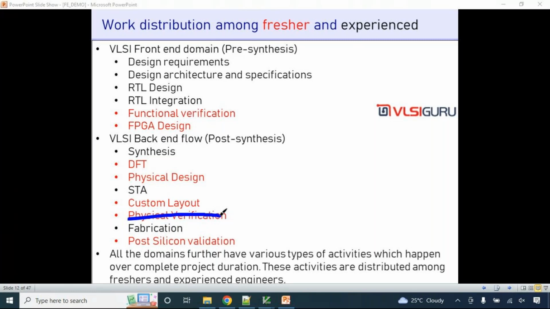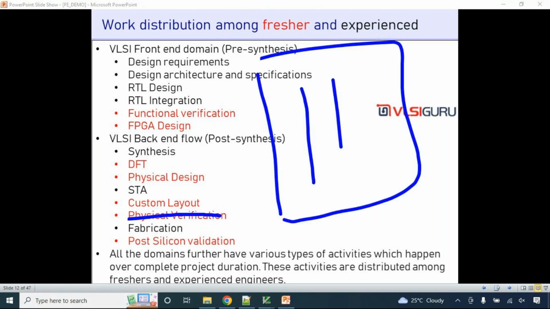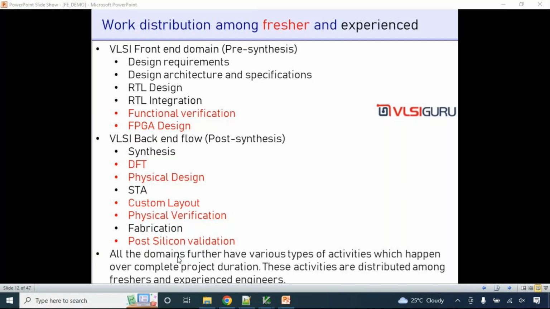Physical verification is something like checking whether, let's say there is a metal inside the chip and another metal is there, is the distance between them 10 nanometers. They will do that kind of check. Roughly I'm giving you the idea. Now that's a very boring job. Of course, the tool will give you the results, the tool will tell you there is a violation here, then you have to fix the violation. This kind of job will be boring. Except for physical verification, every other domain is good and offers you growth opportunities.